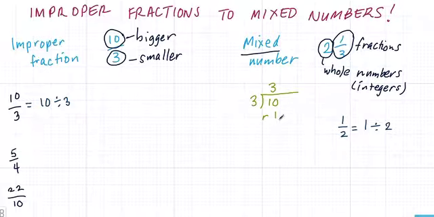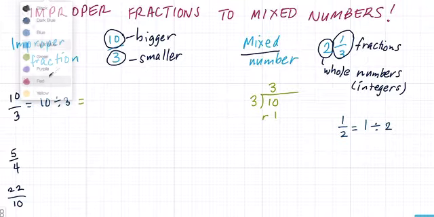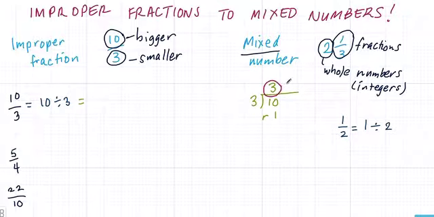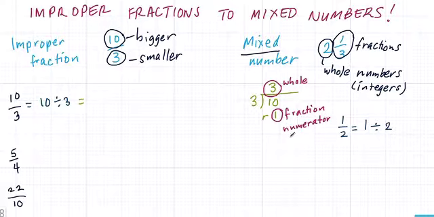That's our leftover. Now this has actually answered for us how to put this into a mixed number. This number up here, when you do your division, is going to be the whole numbers that you have in your mixed number. The remainder is going to be the numerator, the top of your fraction.